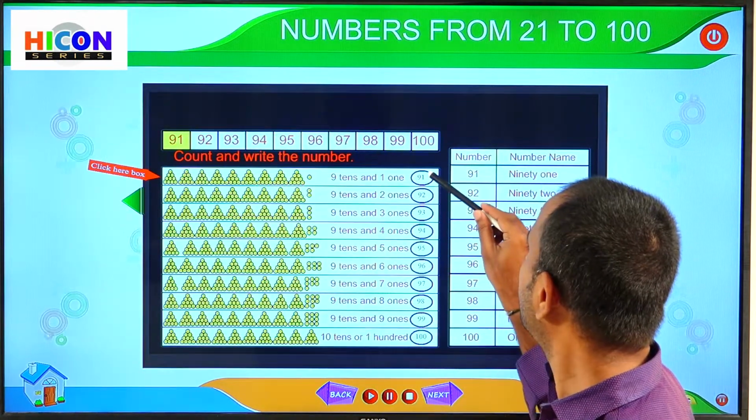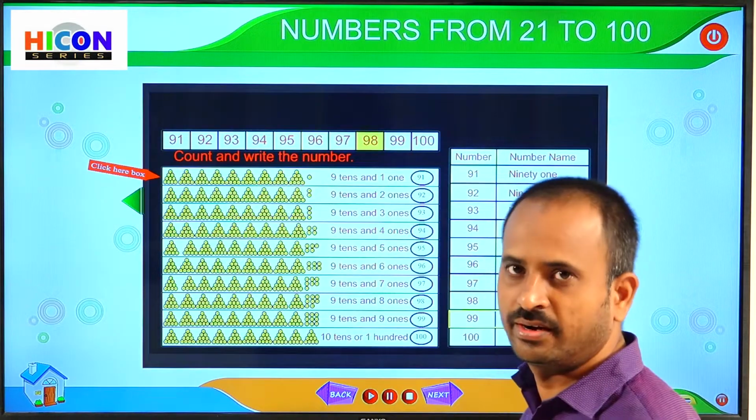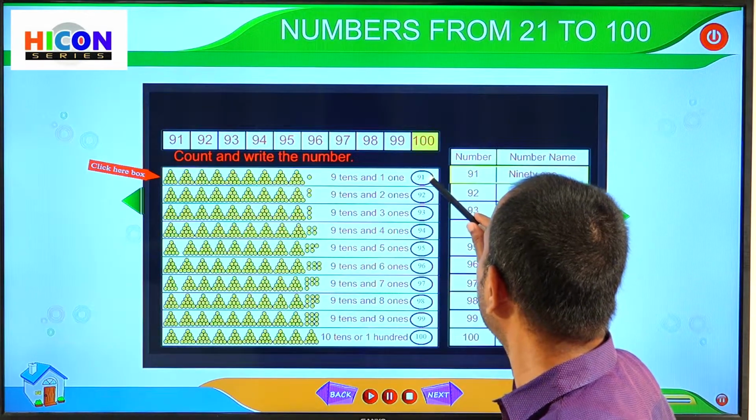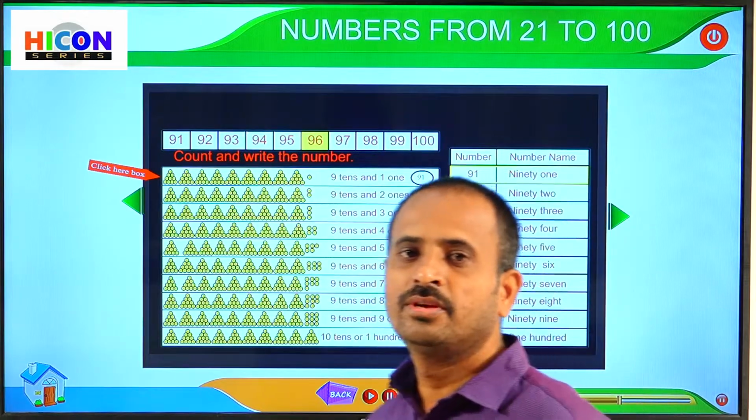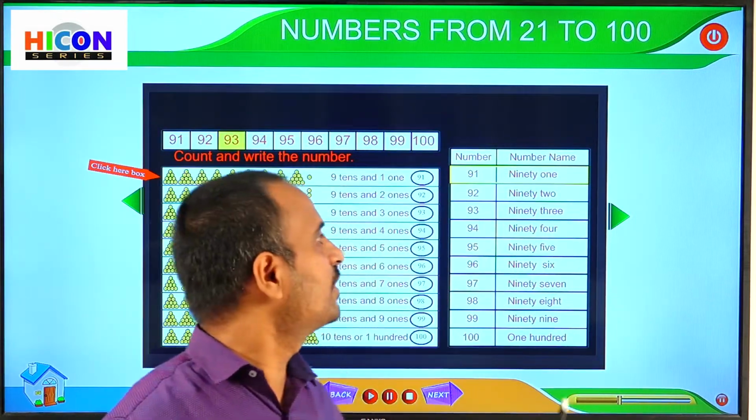So children, these are the numbers from 91 to 100 and let us write the number names for these numbers. So see the children, the number names for these numbers.